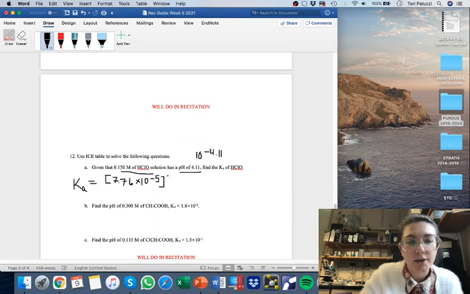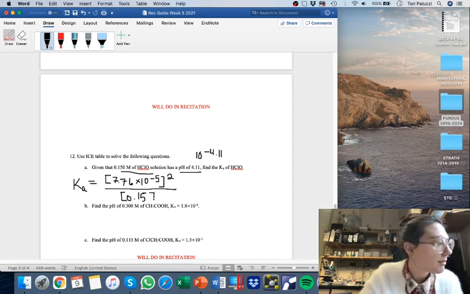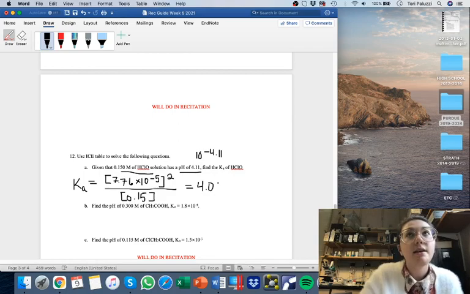In this case, we're going to square it, and then we just divide by the concentration of our acid, which is 0.15. All right, and when I plug that into my calculator, I get the dissociation constant of 4.02 times 10 to the negative 8.